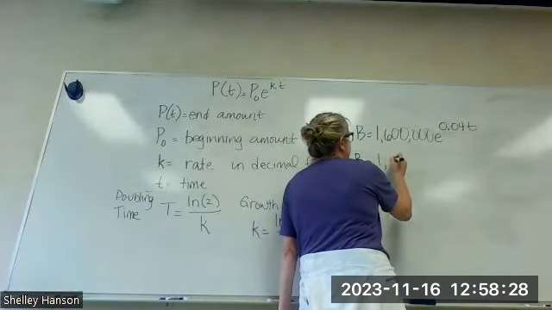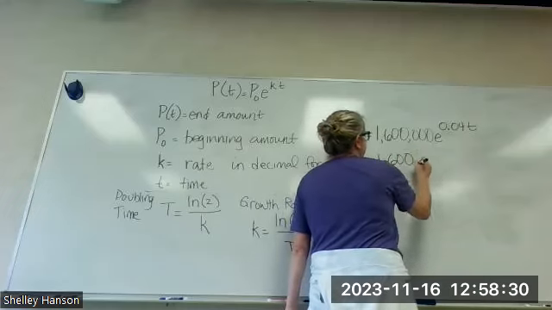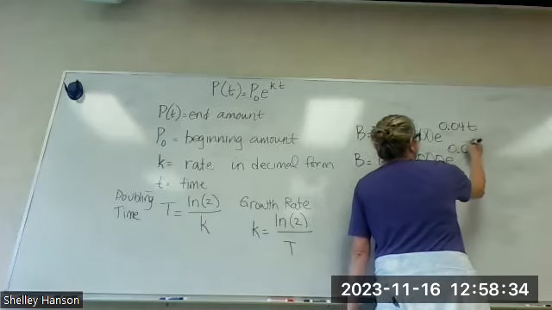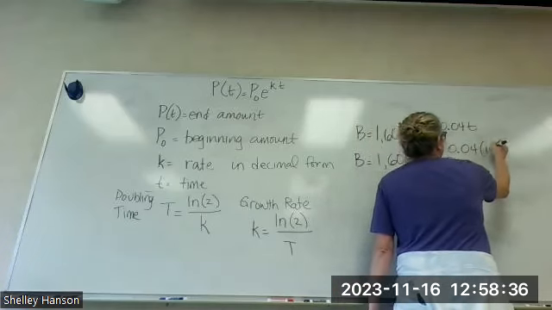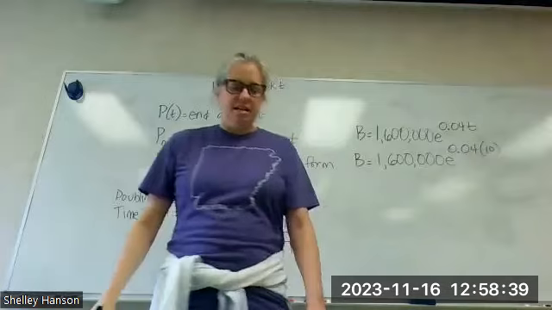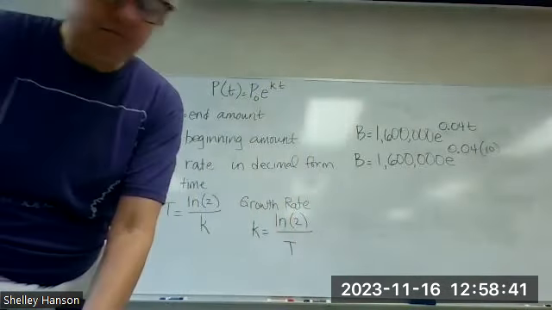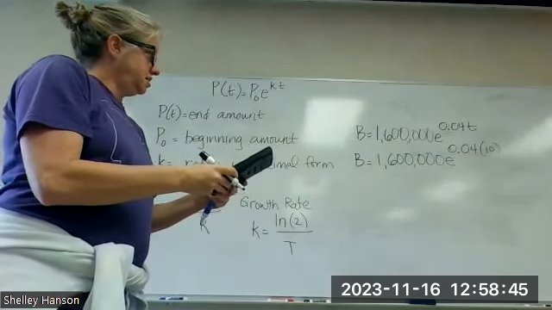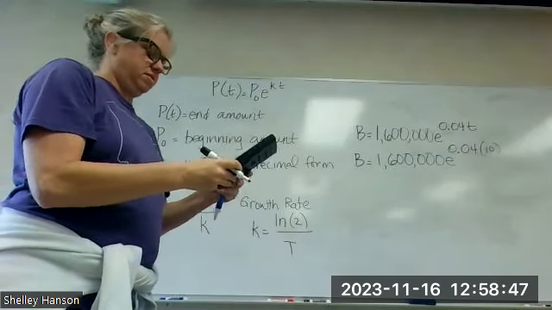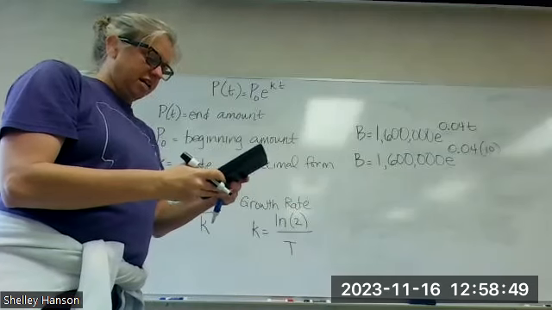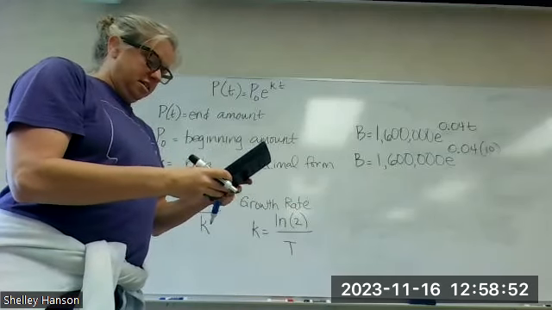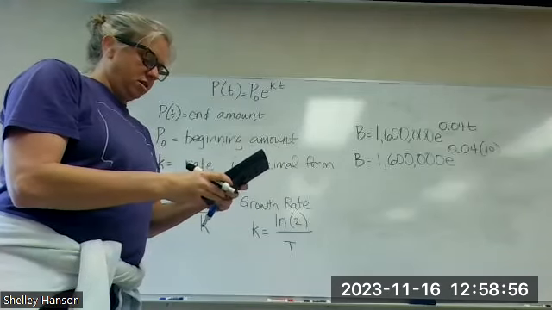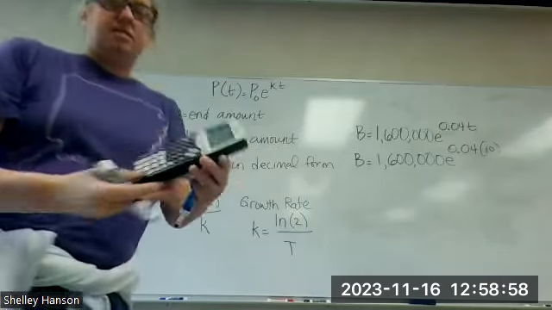So 1,600,000 E to the 0.04 times 10. 1,600,000 E. So second ln to the 0.04 times 10.